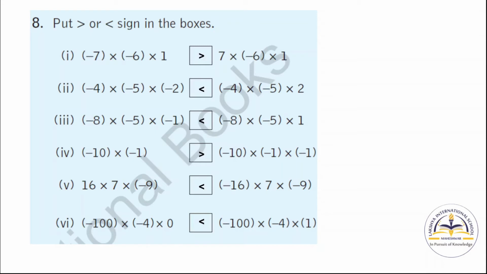So when you solve this, you will get 42, and on the RHS, right hand side, 7 into minus 6 into 1, you will get minus 42, which is less than 42. 42 is greater than minus 42, so we will use the greater than sign. Now in the same manner you have to solve other questions.